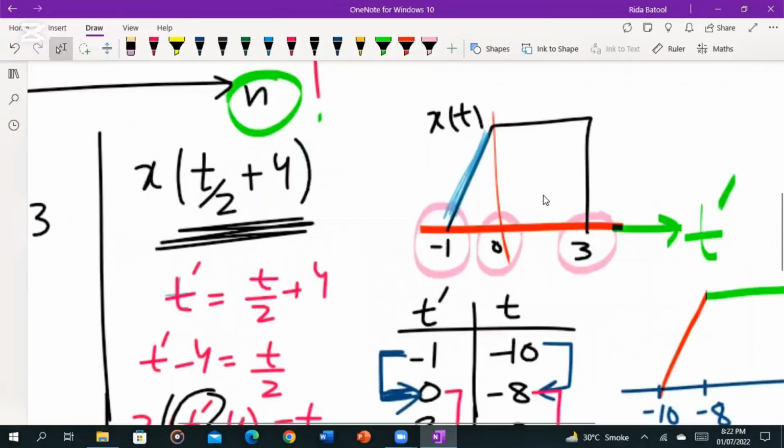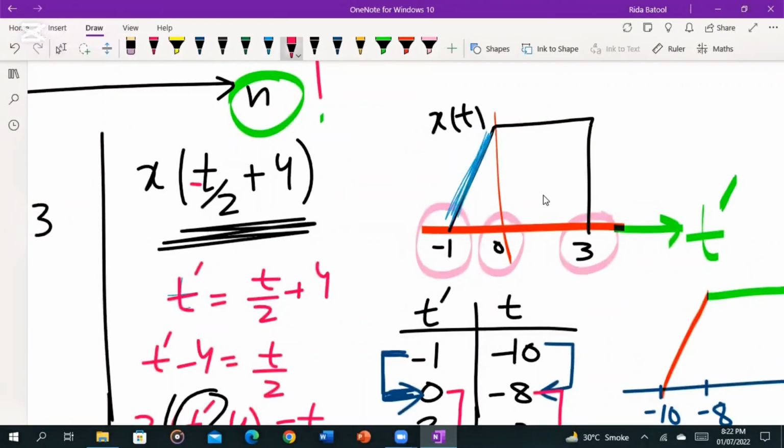Your professor can also give you a question like this: -t/2 + 4. What will you do? First, the sign will change, because we have to make t the subject.